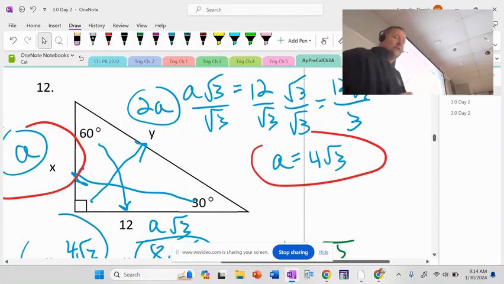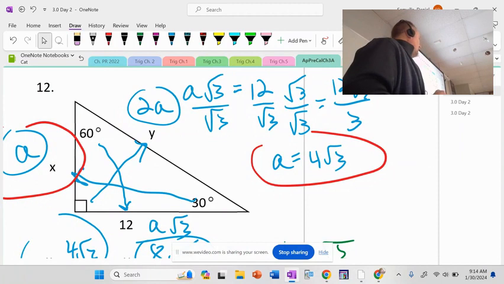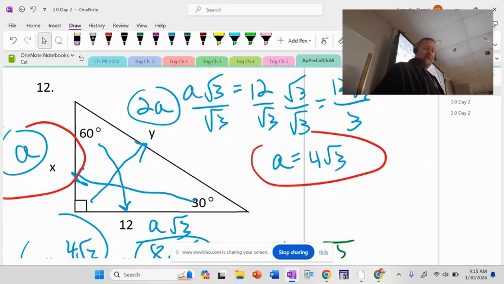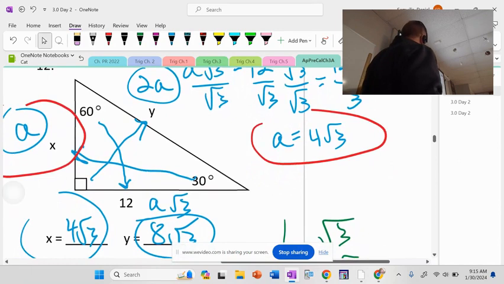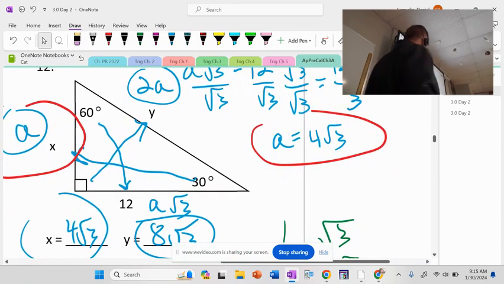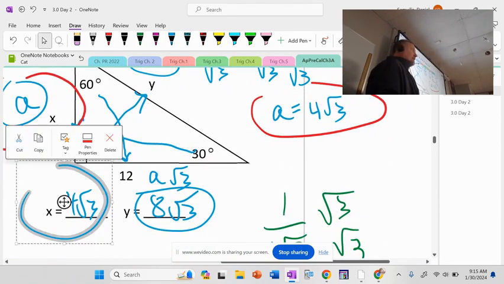And yes, you are going to want to rationalize. But that becomes then A, which is the 30-degree side. So that's 4 root 3. Now the Y is double that because that's the 2A side.